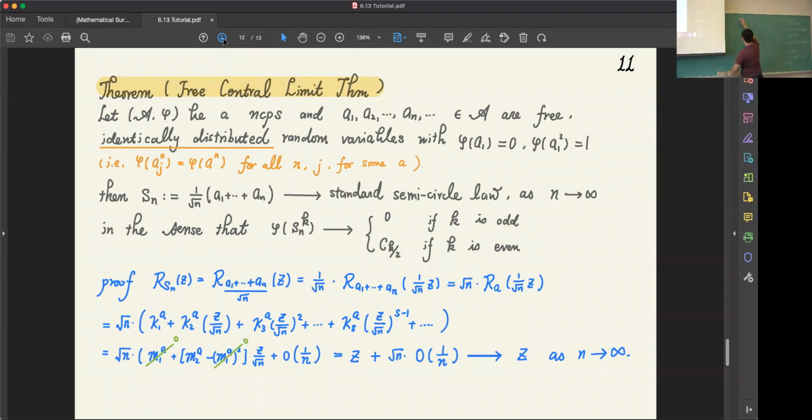Since the R transform is multilinear, for alpha A and z, by the formula it's kappa 1 of alpha A, plus kappa 2 of alpha A and z, and so on, up to kappa n plus 1 of alpha A and z, n times.